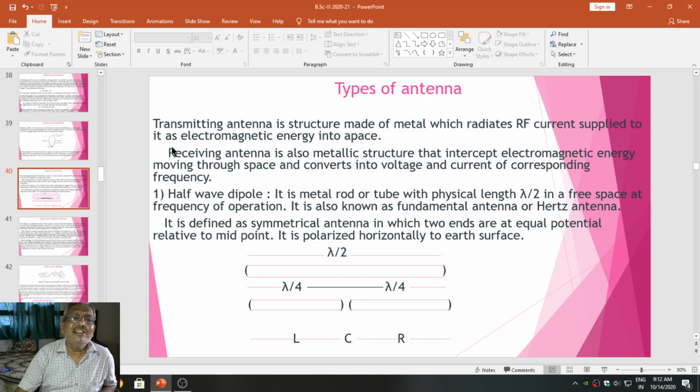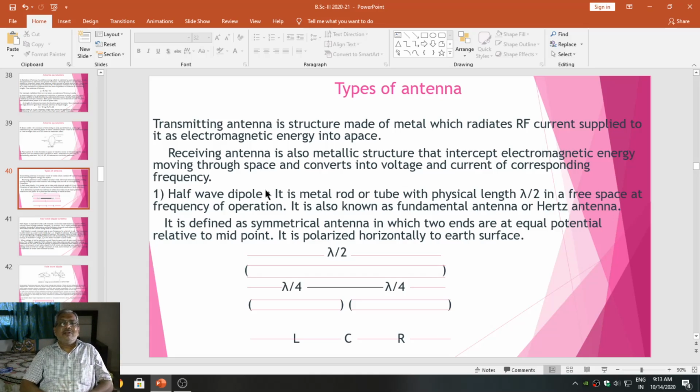We also studied just now that a receiving antenna is also a metallic structure that intercepts the electromagnetic energy moving through space and converts it into voltage and current of corresponding frequency. Now we are going to study a specific type of antenna. The first antenna we are going to study is known as the half wave dipole antenna.